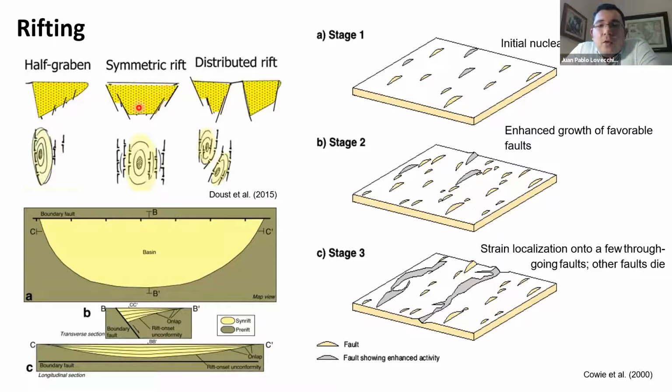And also rifts can be narrow or wide in terms of the width of the area that's submitted to extension, and it can also be distributed. Here is one single half graben, as we said, with a fault-bounded border, which in this case is here. This is a plan view, so from the top. And it has an approximately arcuate shape like this.